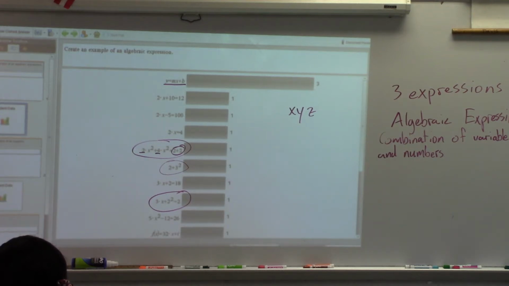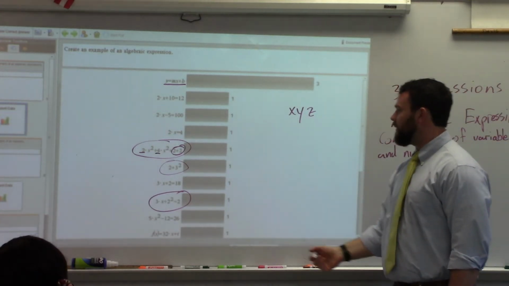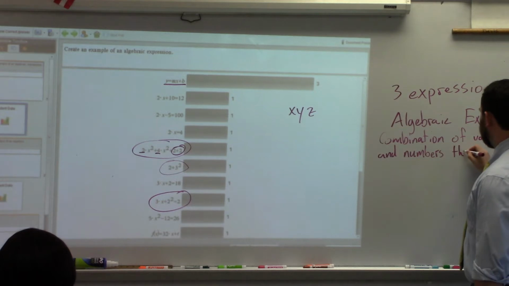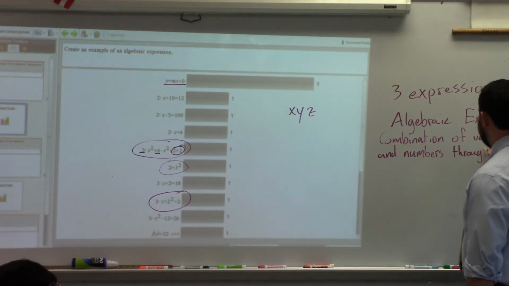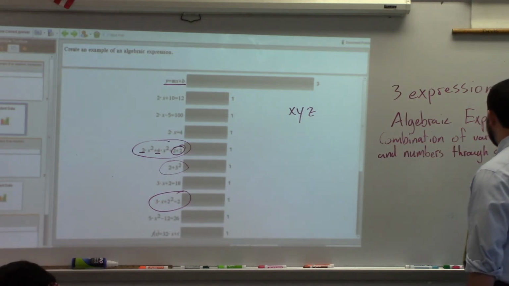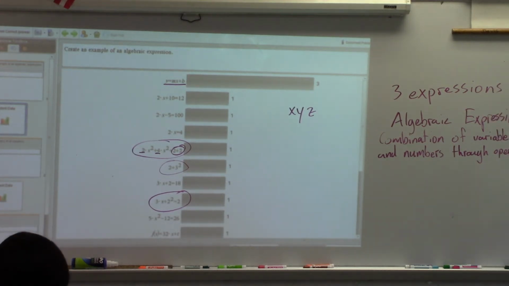Through operations. We're combining them through operations. Notice we have to include all those different details. That is what an expression is. But we may need to address some other things with this.